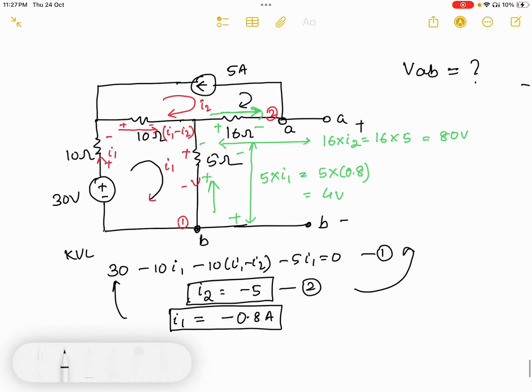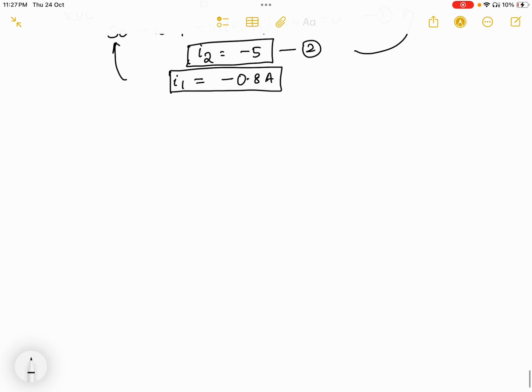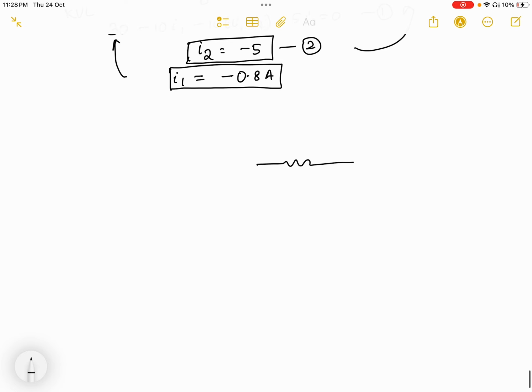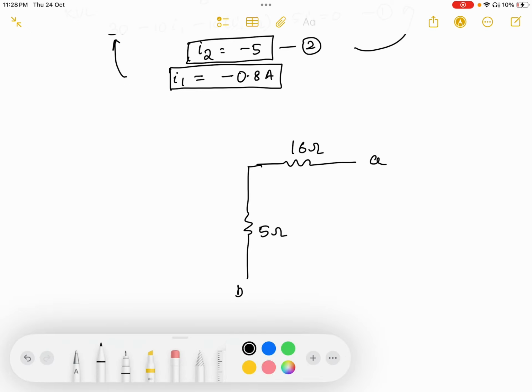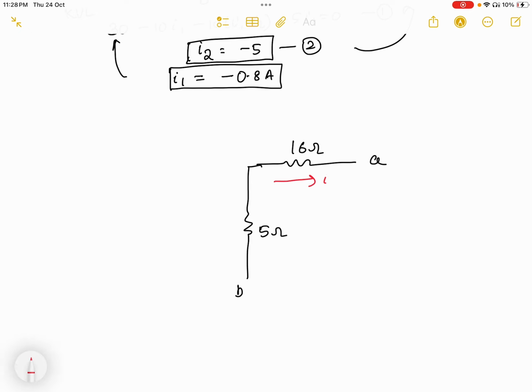Okay, so now if I want to redraw this one, like you can see here, I will redraw here. So this will be your A, this will be your B. So this is your 5 ohm, this is your 16 ohm. So current I2 is flowing in this direction, current I1 is actually flowing in this direction.